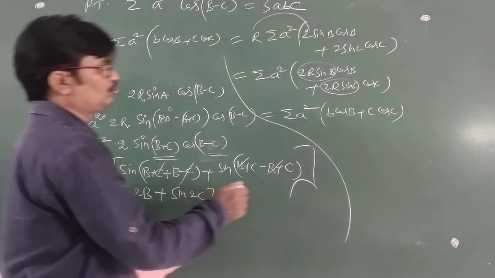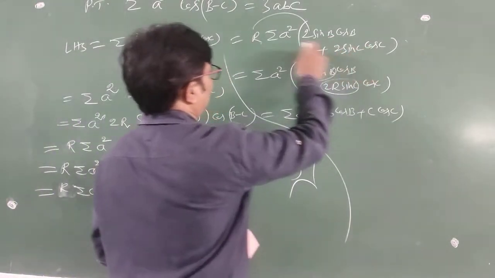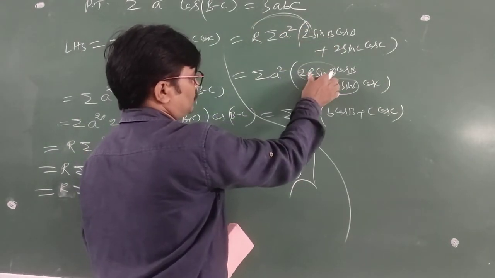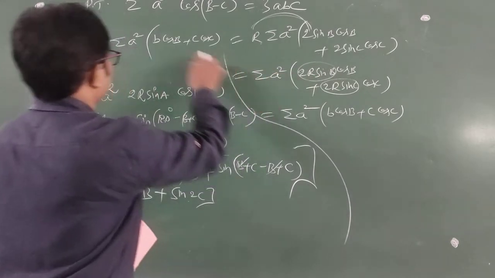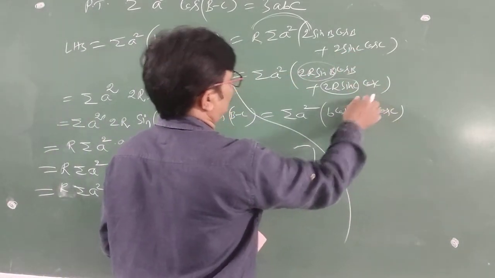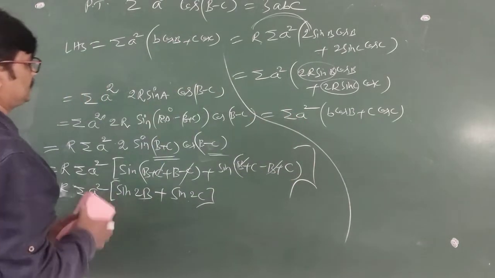Sin 2B is 2 sin B cos B, sin 2C is 2 sin C cos C. Now we have to multiply with R. 2R sin B, what is this? Small b. 2R sin B is the small b and 2R sin C is the small c. So dear students, we got sigma a square into b cos B plus c cos C.